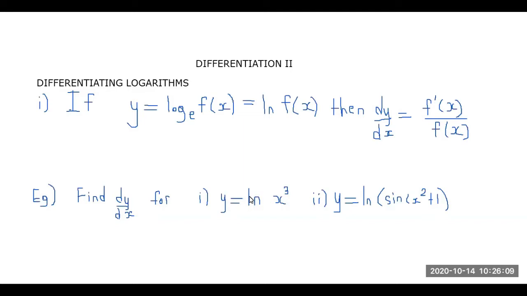So consider this example, y equal ln x cubed. Your function of x is x cubed. So let's do part I right here.